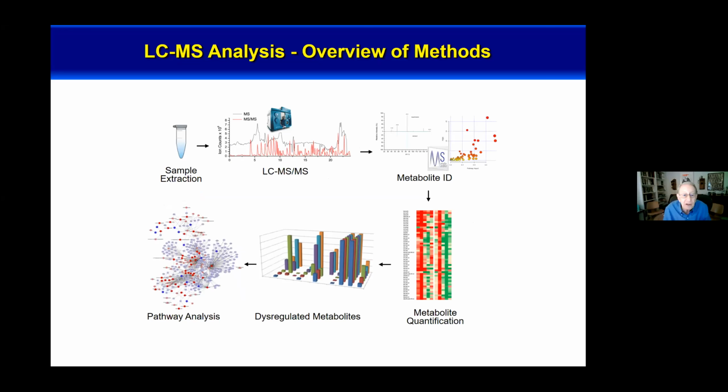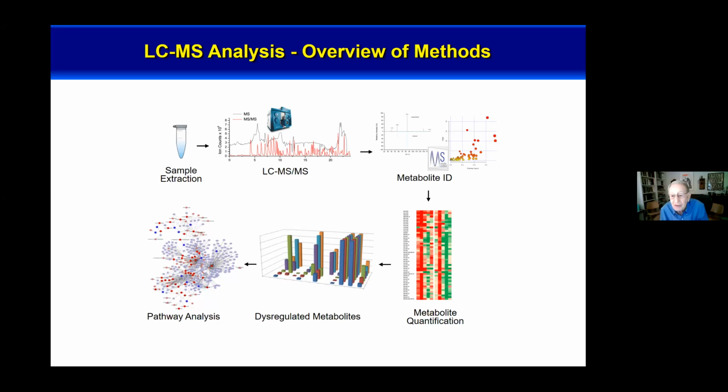So the protocol is we do a sample extraction, we run it on LC-MS. Basically, it's a 5-minute run. We can identify by MRMs, and because these are all targeted where we have primary standards, or in a few cases, very close relatives where they're not available, but we know enough about them to identify the fragment.